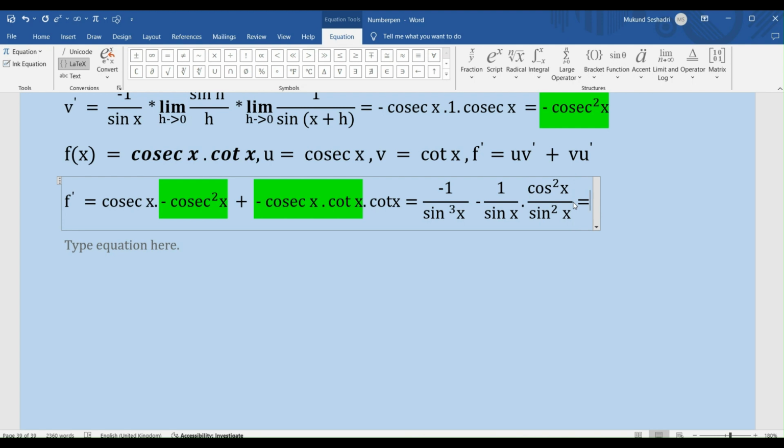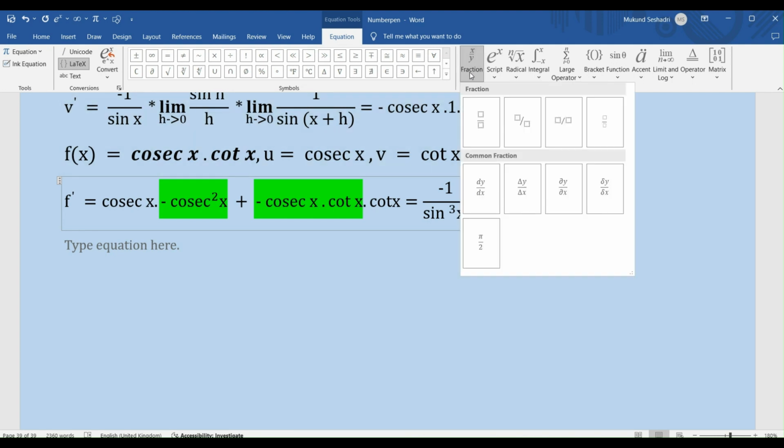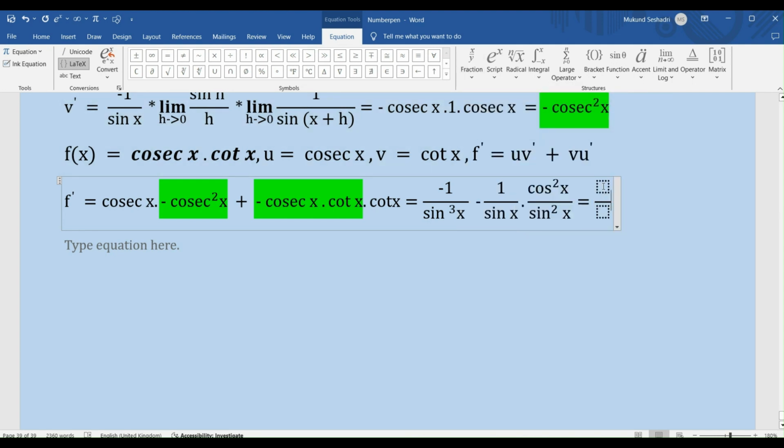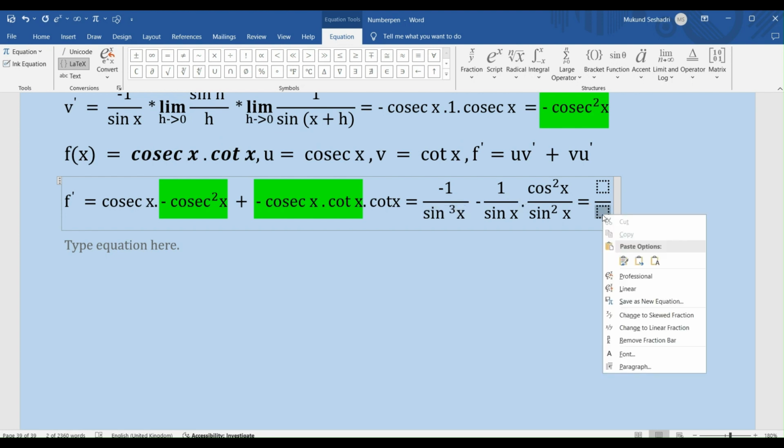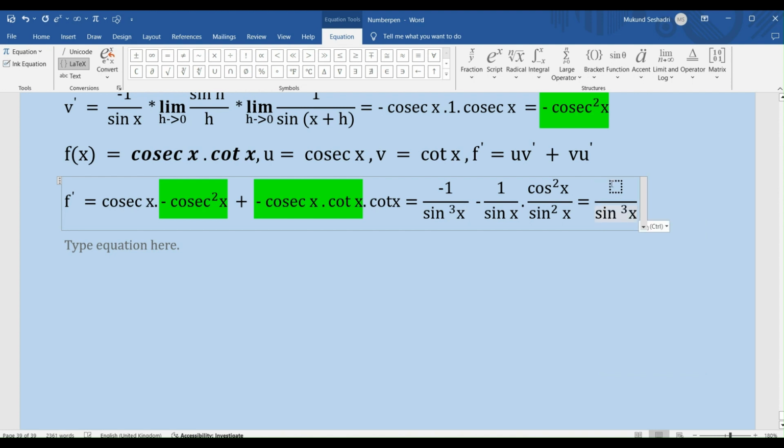So we have a sine cube x in the denominator, and let's write it as sine cube of x, and we've got a negative sign which is common to both the first part and the second part, and then I have a 1 plus cos square of x, right?